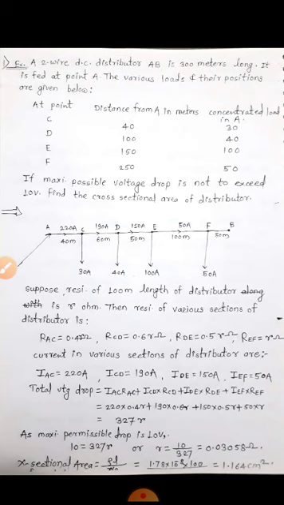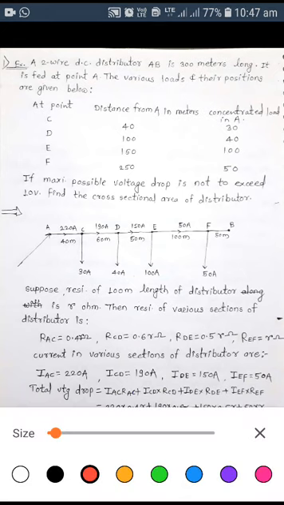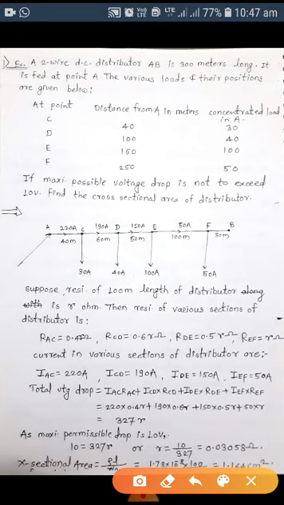Now first of all we will draw the single line diagram of distributor AB. From that given table we can represent distributor AB. The distributor is fed at point A here.